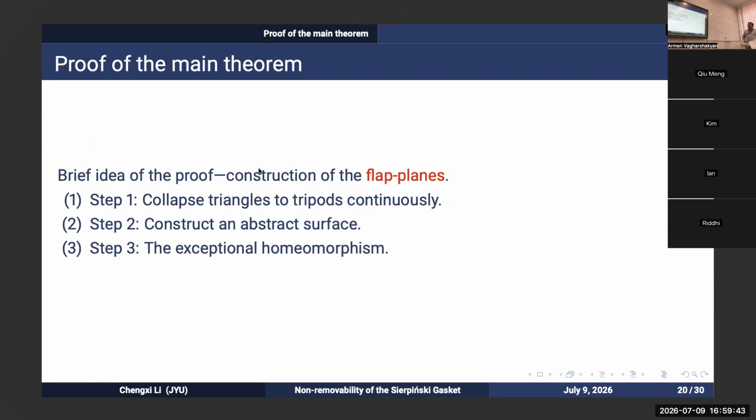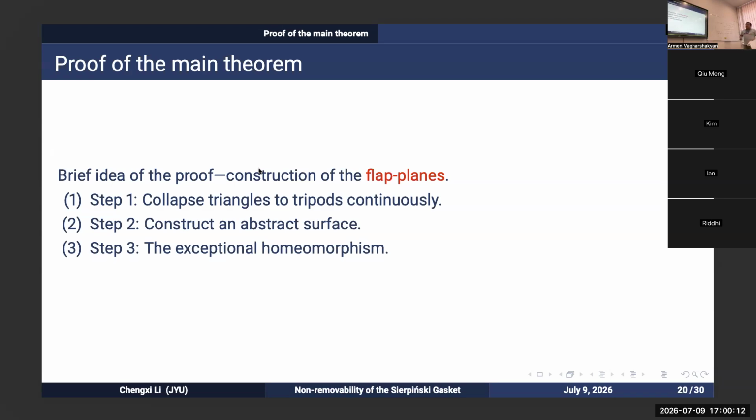For the brief idea, I can divide it into three steps. Actually, the main point is the construction of the flat planes. The first step is to collapse the triangles to triples continuously, but that is not enough, because when it collapses them continuously, it cannot be made a homeomorphism.